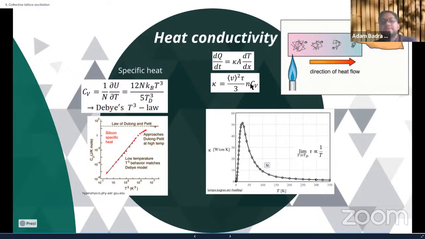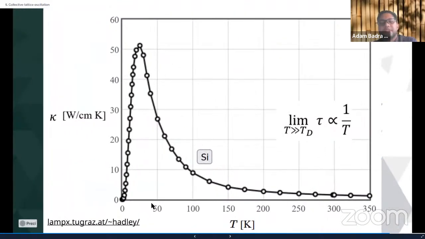However, in an exact solid, this tau is not constant. In some experiments, I take it from the data of silicon, the kappa is exactly not constant. It is zero at low temperature, and it also becomes small at high temperature.